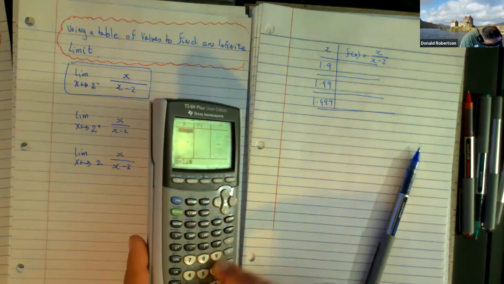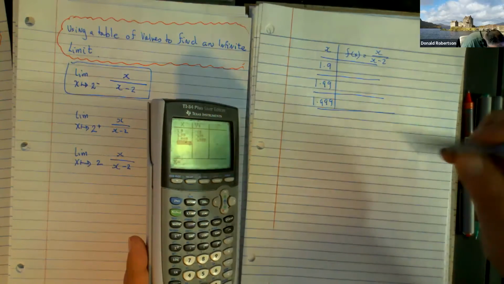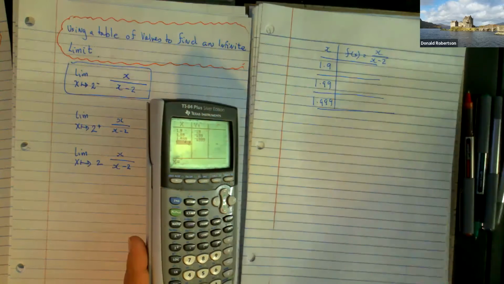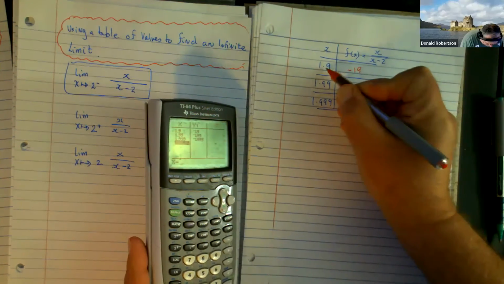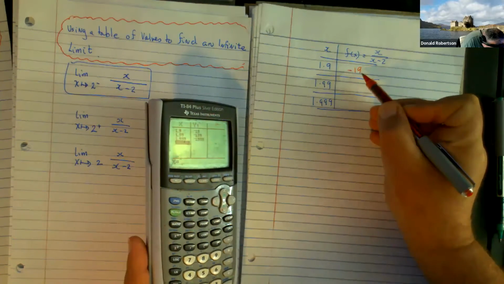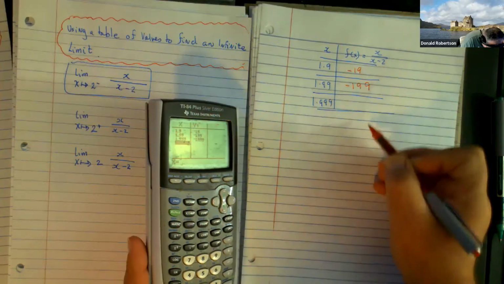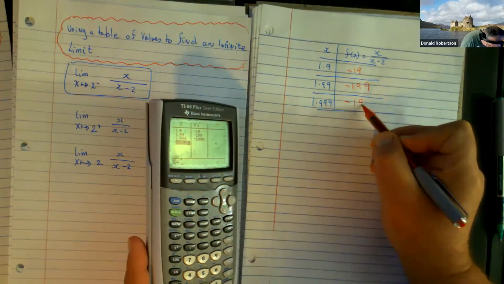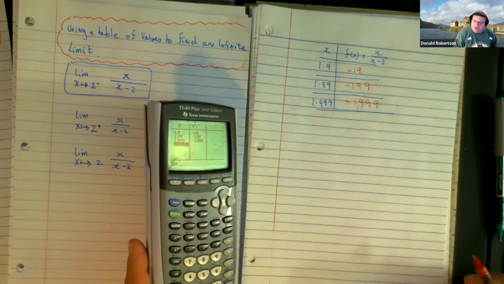1.9, 1.99, and finally 1.999. Now, if you look at the values that we're getting here, the value of the function when x is 1.9 is negative 19. And then as you get a little bit nearer, it's negative 199. And as you get even nearer to 2, you end up with what? Negative 1999.